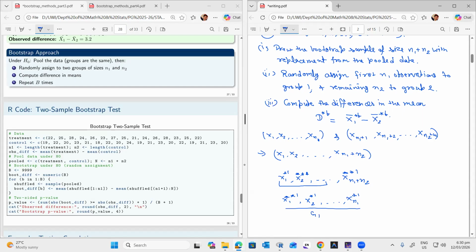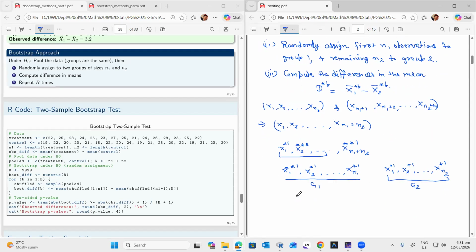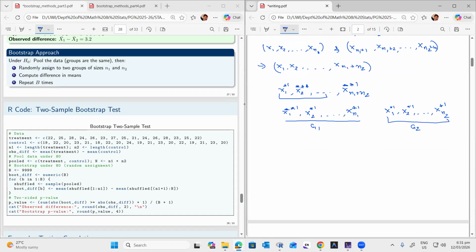The remaining n2 observations, x1 star 1, x2 star 1 up to xn2 star 1, we will consider as group 2, and then we will compute their means, x1 bar star 1 and x2 bar star 1.